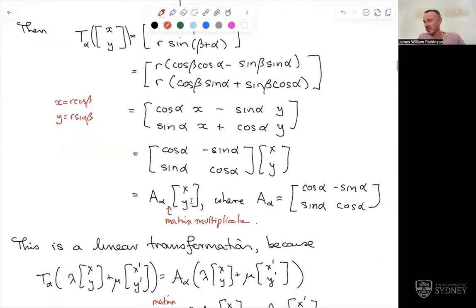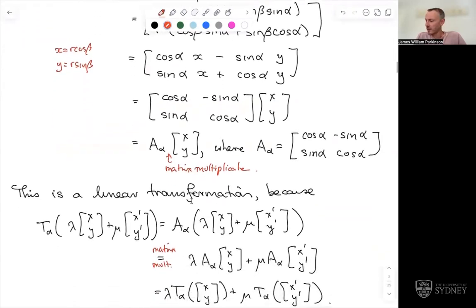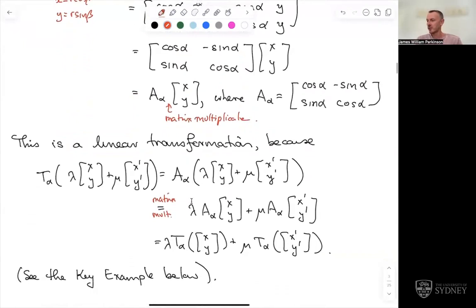Okay, but we haven't actually proved that T alpha is a linear transformation. We have to show it satisfies the definition of a linear transformation. It's not entirely obvious from the definition, perhaps, by rotating by alpha. But once we've got this formula, it is clear. Let's do it in the compact way, where we just prove the one formula that proves everything for a linear transformation. So lambda xy plus mu x prime y prime, that's now a matrix product here.